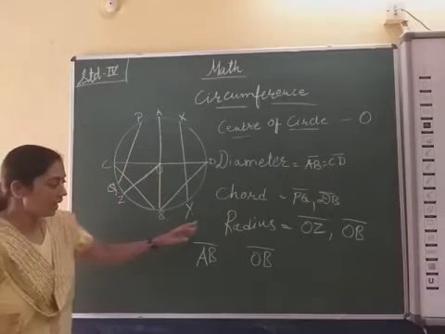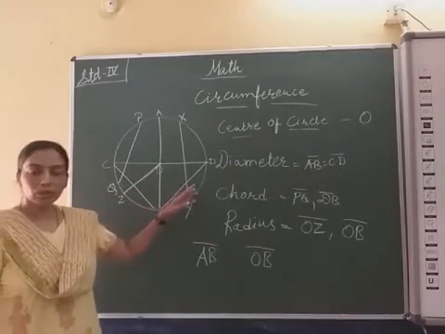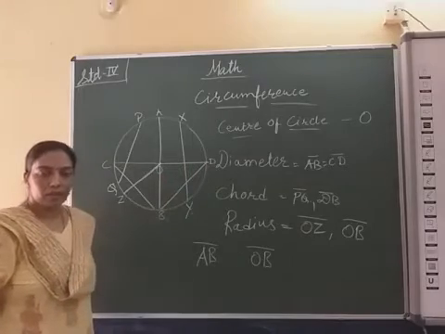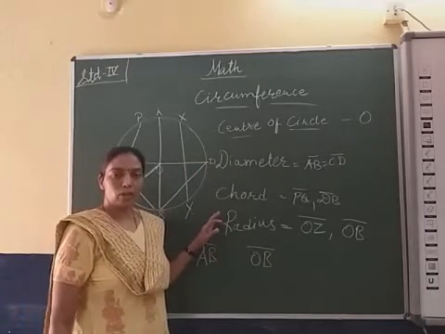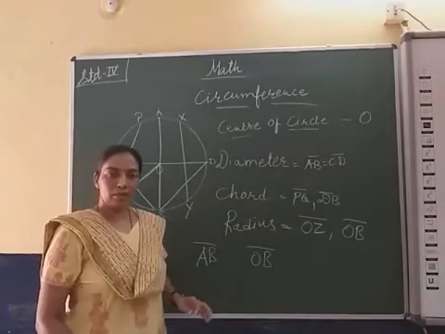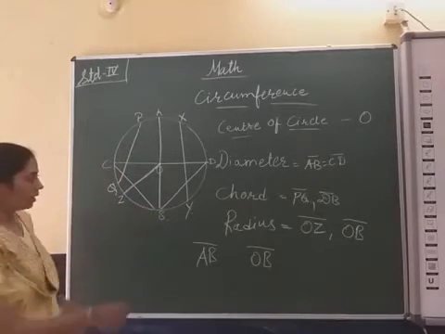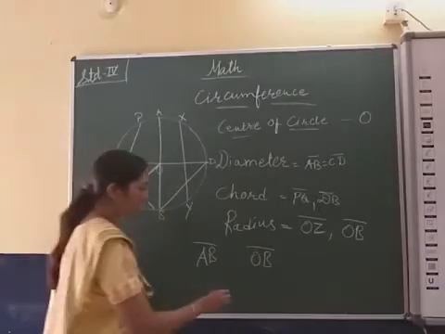So we can say that the radius is half of the diameter, or the length of the diameter can be found as 2 times the radius. Understood?